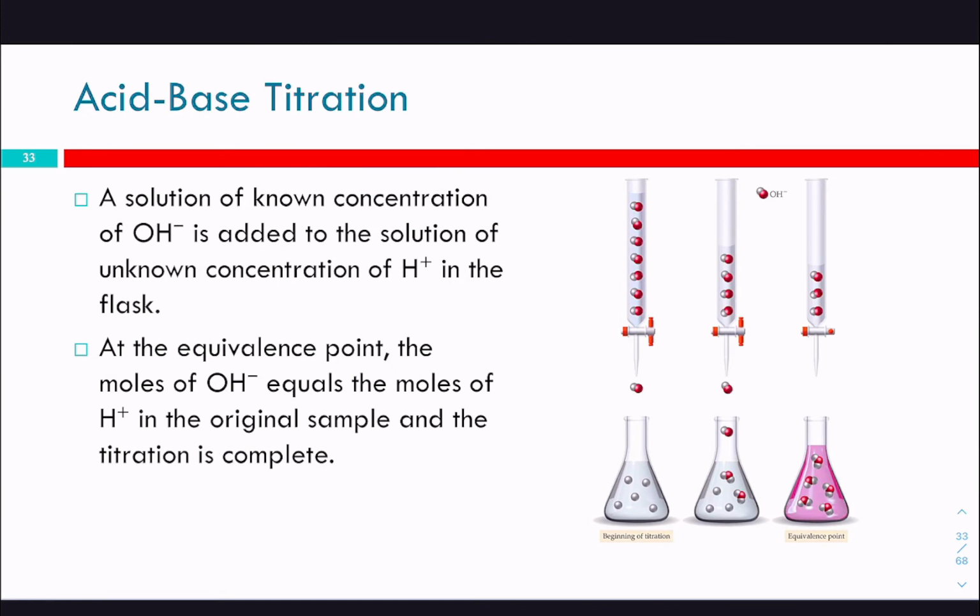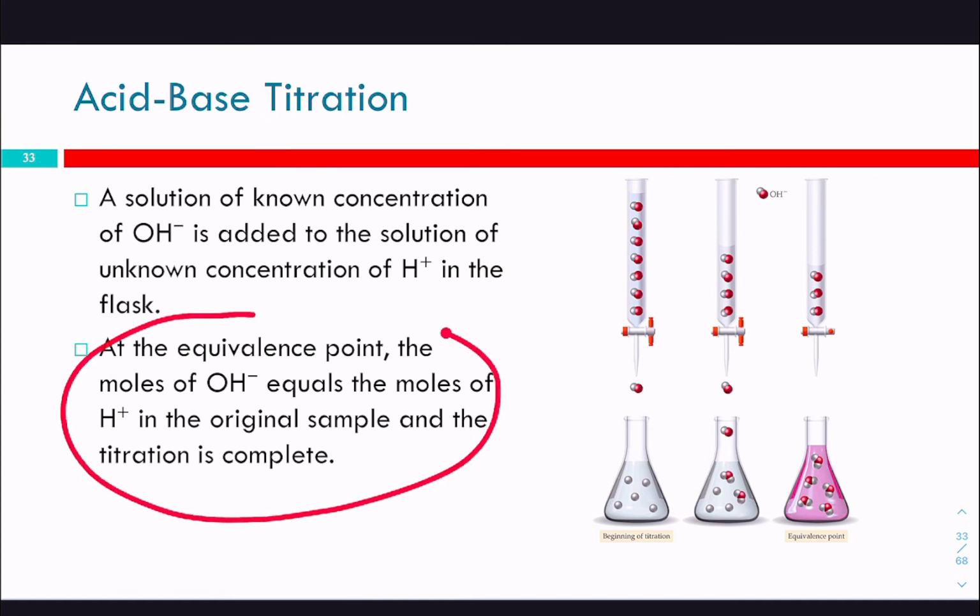All right, so in this case, we have a solution of known concentration of hydroxide, made with sodium or potassium hydroxide, and an unknown concentration of H plus in our flask. So this is our hydroxide up here. We know exactly the concentration of that, and we use a burette. Have we used burettes yet? I feel like we did. We used them for something. So this lets us measure exactly how much of the hydroxide we're adding.